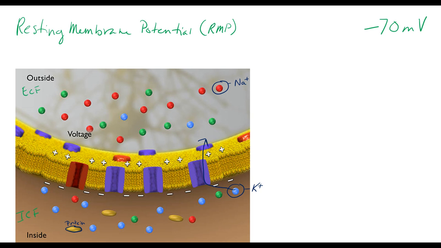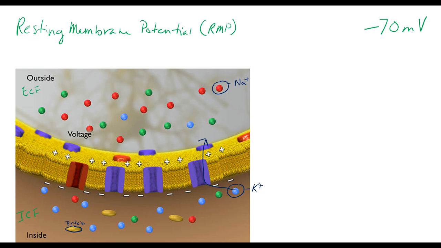So the potassium is going to leak through just because of its size, but it's also going to be attracted back into the cell because of the intracellular fluid's negative charge. So that helps to kind of establish this membrane potential here.